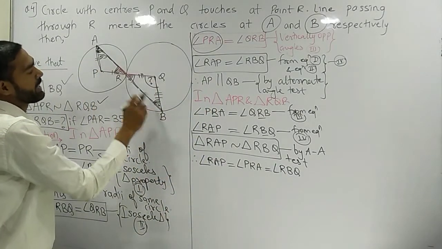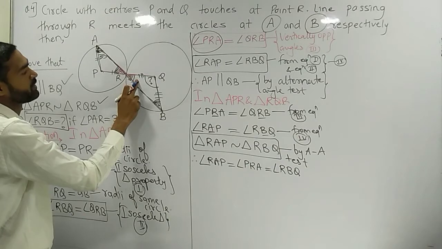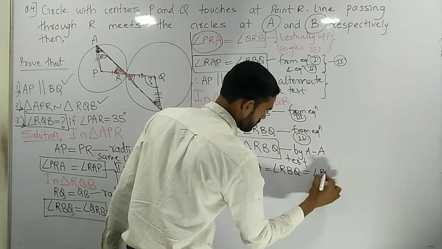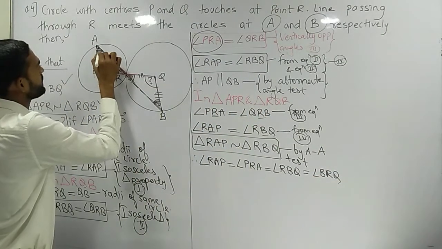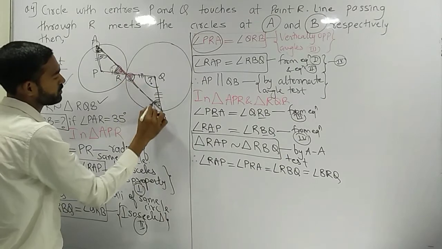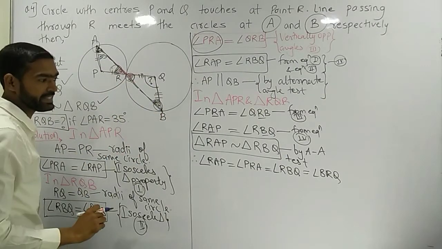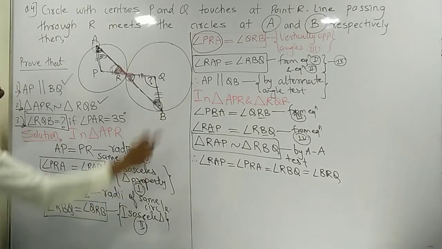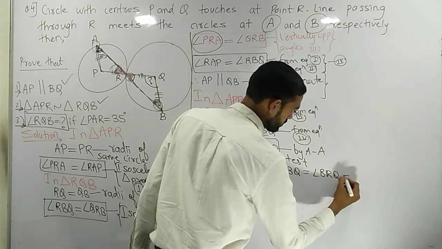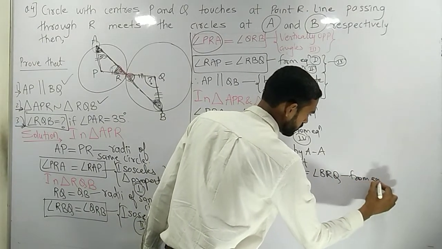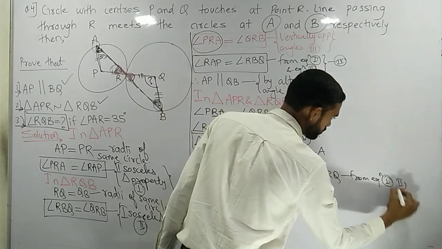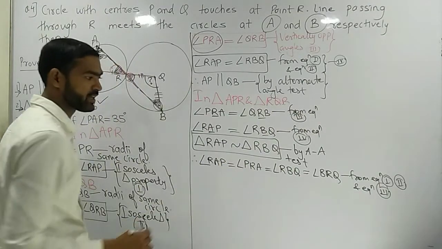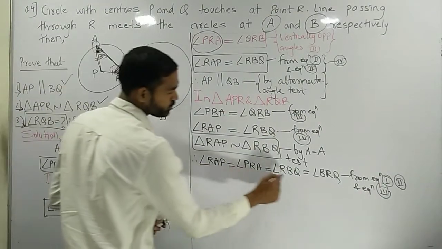One, two, three, and the fourth is also equal to the same, QRB or BRQ. So 1, 2, 3, 4. All four angles are equal to each other. How did you get this? From equation 1, 2 and equation 3. So we'll write here: from equation 1, 2 and equation 3, we are saying all these angles are equal.